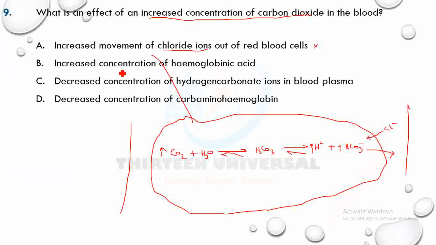It says increased concentration of hemoglobinic acid. Remember that we're going to have more of this proton. Because we have more of that proton, hemoglobin doesn't want problem. So see what happened. Hemoglobin says to oxygen, look, we're having proton building up. Can you just go away so that I can take care of it?